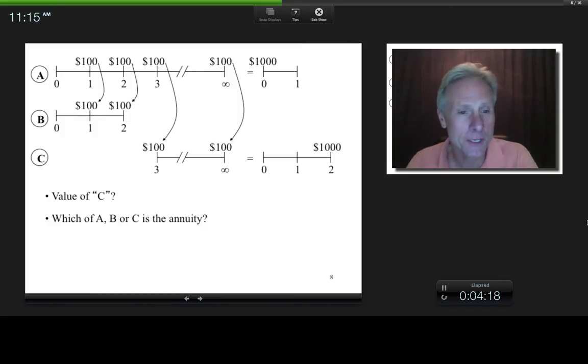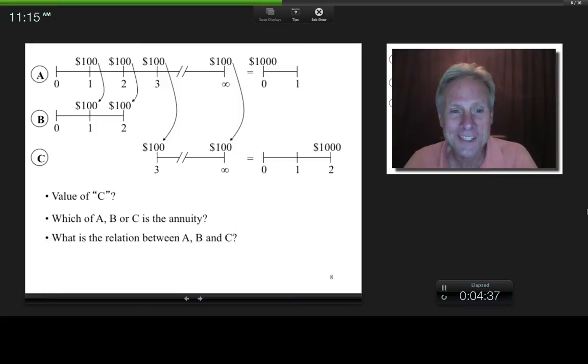Now, here's a tricky question. We've got 3 lines, A, B, and C. Which of these is the annuity? B. B is the only one with equal cash flows between equal time periods that ends at some point. In this case, it's just a 2-period annuity. So what is the relation between A, B, and C?